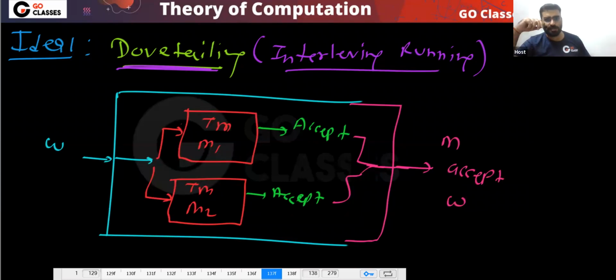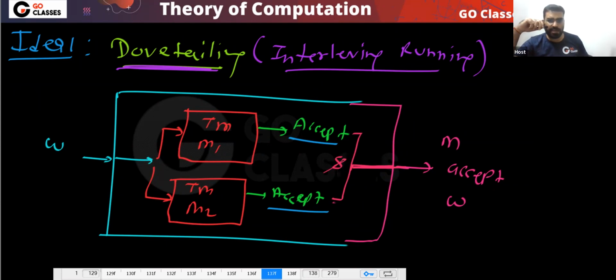So when both of them accept, then I will accept W. Is this clear? So what I will do, I will wait for both of them. Both of them must accept, this and this and this, then I will accept.